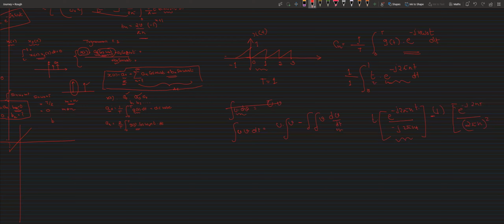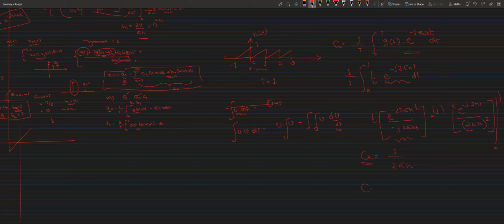T won't be there, right? Then from 0 to 1. So can you simplify this quickly? It should become 1 by 2 pi n. Cn is 1 by 2 pi.